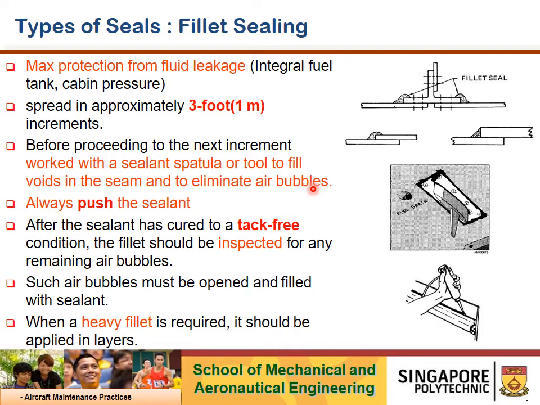It will be easier to watch a video to understand what I mean by that, and always push the sealant to ensure a proper sealing effect. Alright, and after the sealant has cured to a tack-free condition, the fillet should be inspected for any remaining air bubbles. So what do you mean by tack-free? I think this term will be explained in later slides.